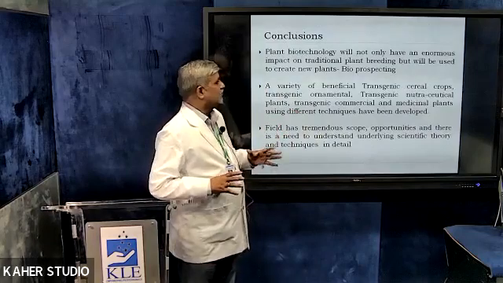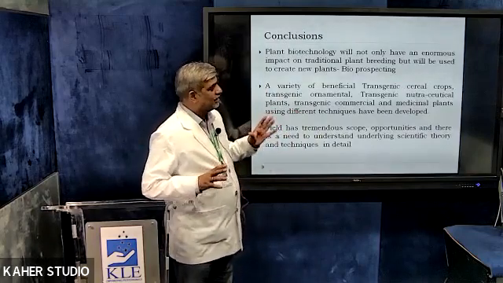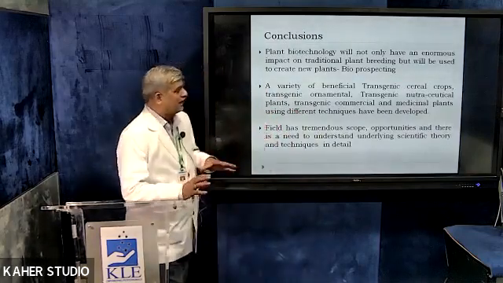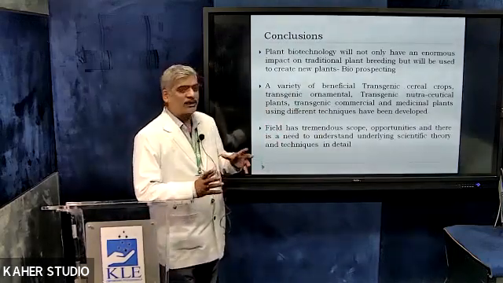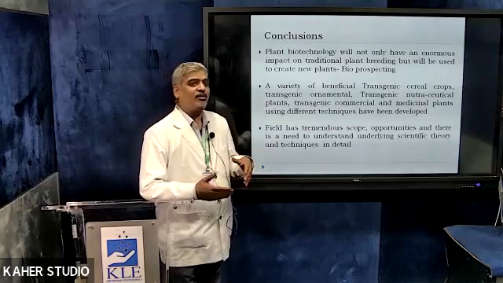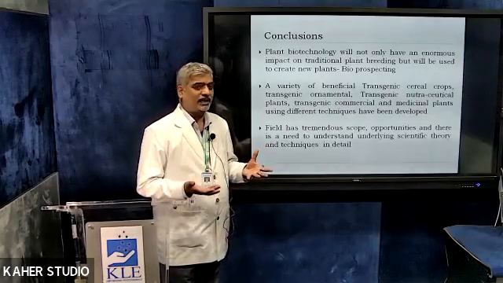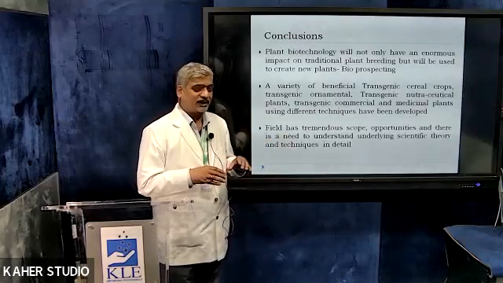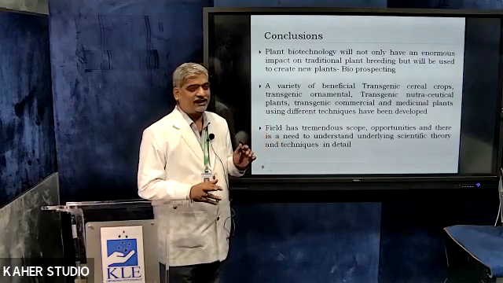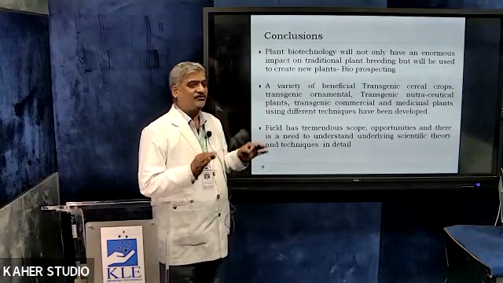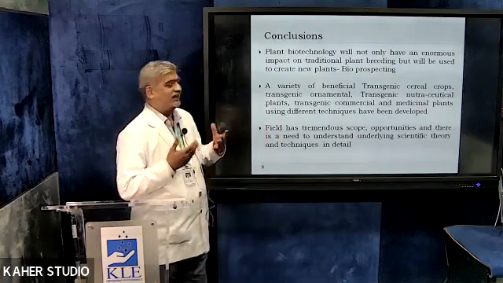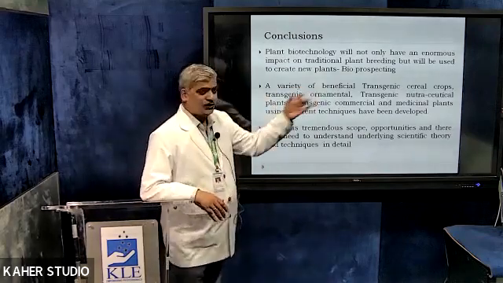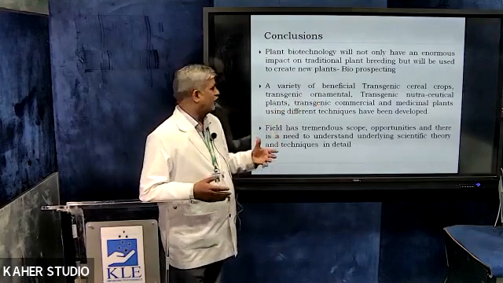In conclusion, plant biotechnology will not only have an enormous impact on traditional plant breeding, but it will also be used to create newer plants. We have the opportunity to create newer plants by introducing newer traits, and Agrobacterium mediated gene transfer is one of the most popular techniques for generating transgenic plants, and we can use those plants for bioprospecting.